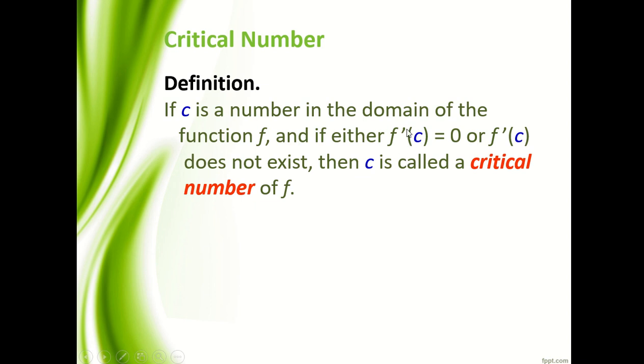Okay, so it's a matter of finding the value of f prime of c, whether it's equal to 0 or does not exist. If you find this situation, then c is called a critical number of f.